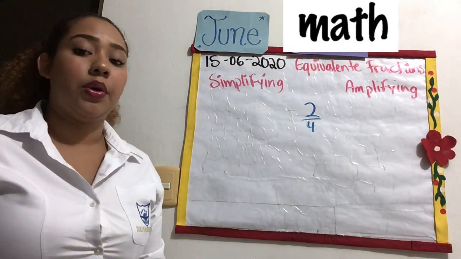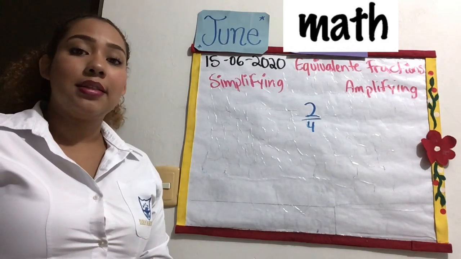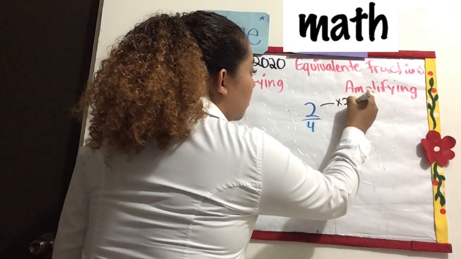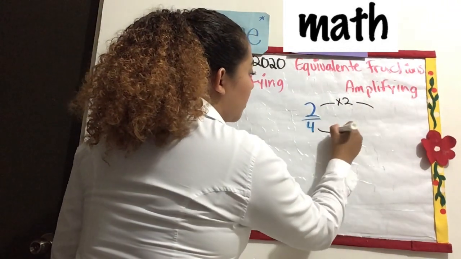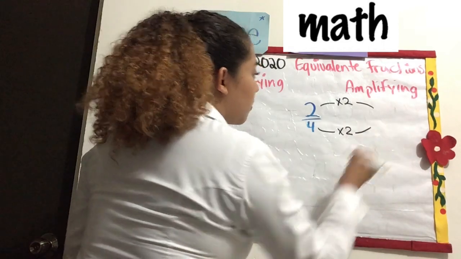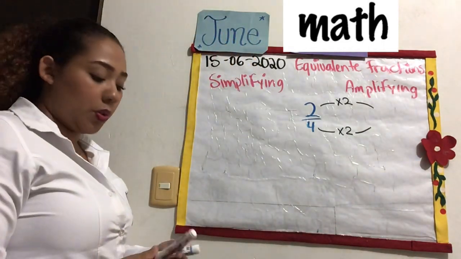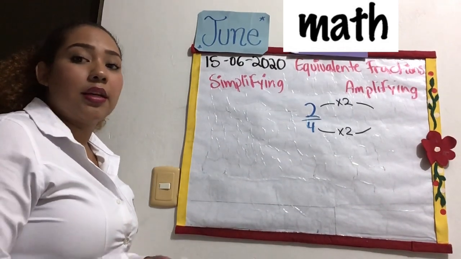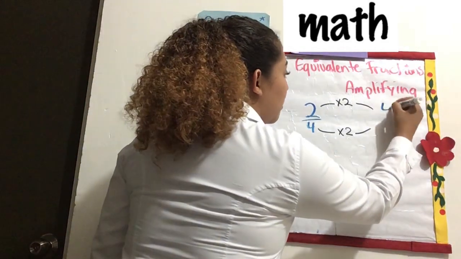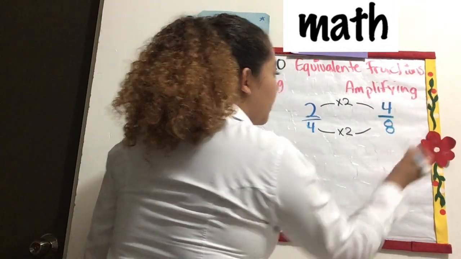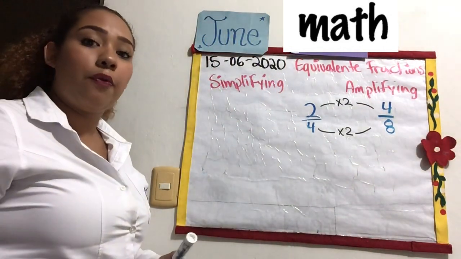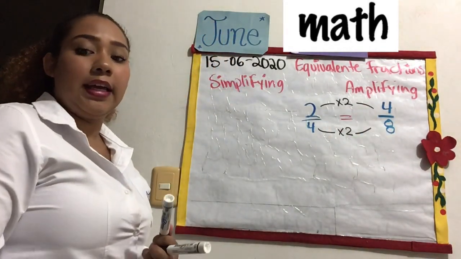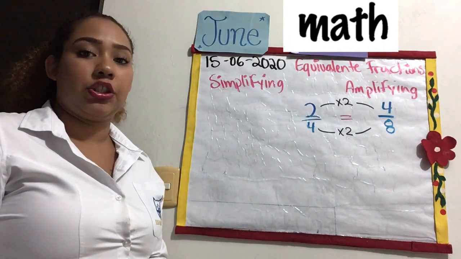Let's try 2. Let's multiply 2 times 2 and 4 times 2. What will be your answer? In this case it will be 4/8. That means 2/4 equals 4/8. It's the same equivalent fraction.